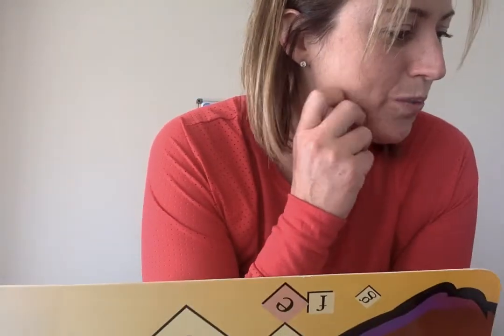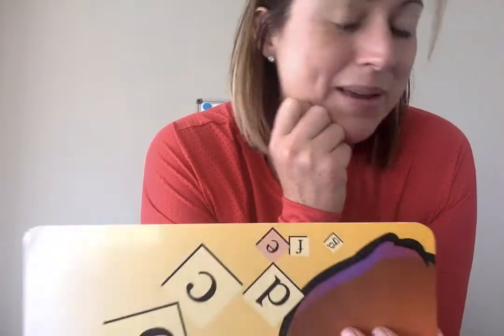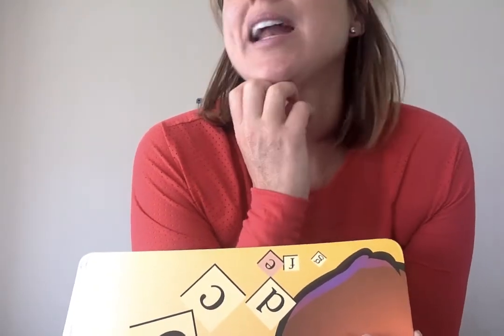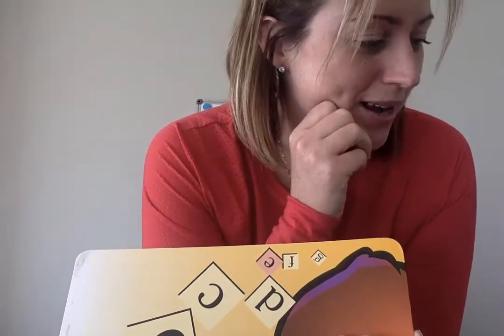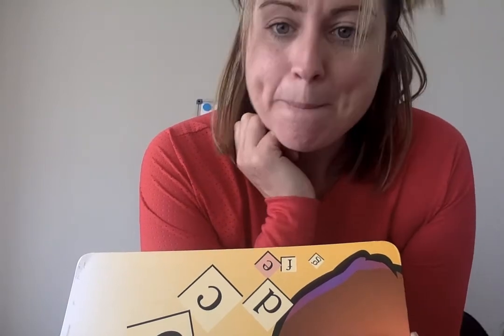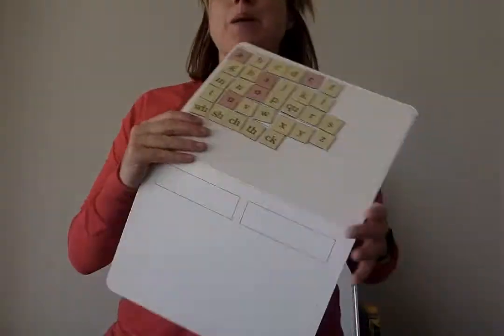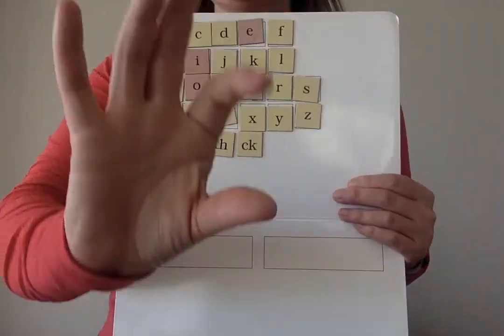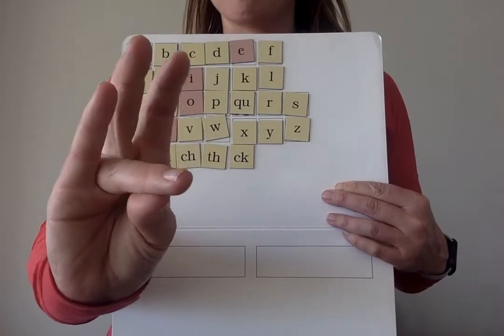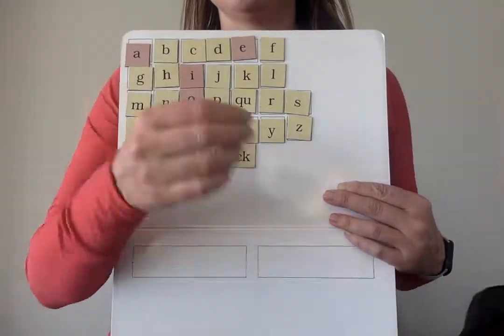All right, last word to practice today is going to be a nonsense word. So this is not a real word. This is a silly word, and it's going to be mub. See if you can build it. Mub.